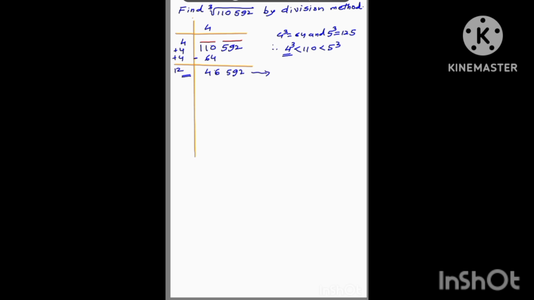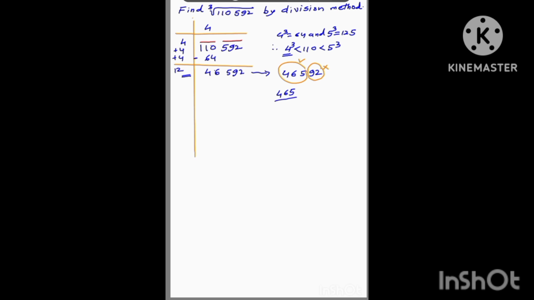How to find it out? I am writing this number 46592 again, as we have to carry out some experiments with this. What experiment? For the time being we will neglect the last two digits and consider only the first digits, which is 465. We are trying to find out which number will come after that 12.